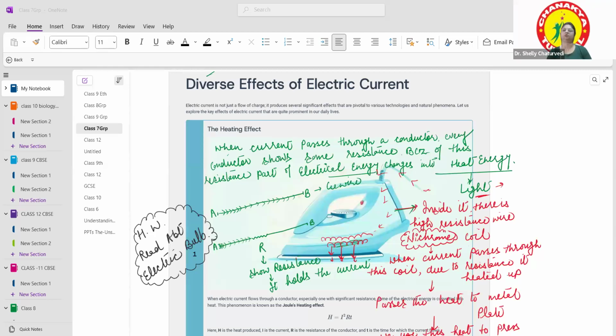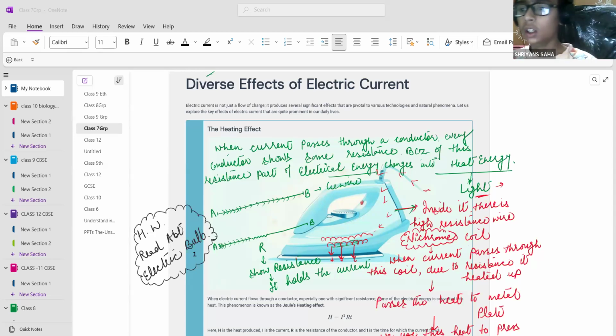Very good, both of you. Yes, Shreyans. Ma'am, electric bulb is a device that converts the electrical energy into light energy. Basically, how it works: when the electric current passes through the filament of the bulb, made of tungsten, it gets heated up.